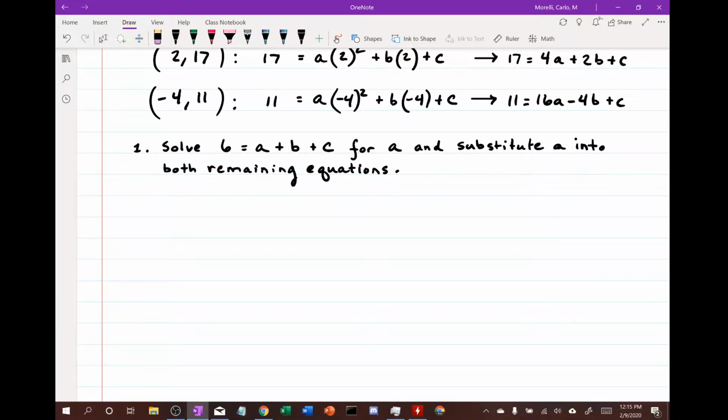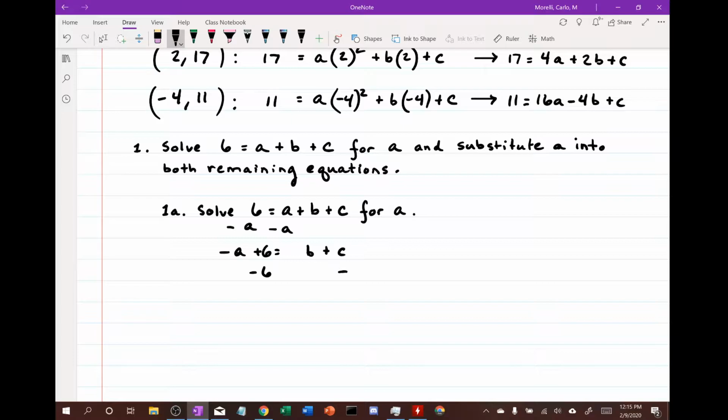So the first part of that, 1A, was to solve 6 equals A plus B plus C for A. To do that, we will subtract A from both sides, and we'll have negative A plus 6 equals B plus C. Then I will subtract 6 from both sides and have negative A equals B plus C minus 6.